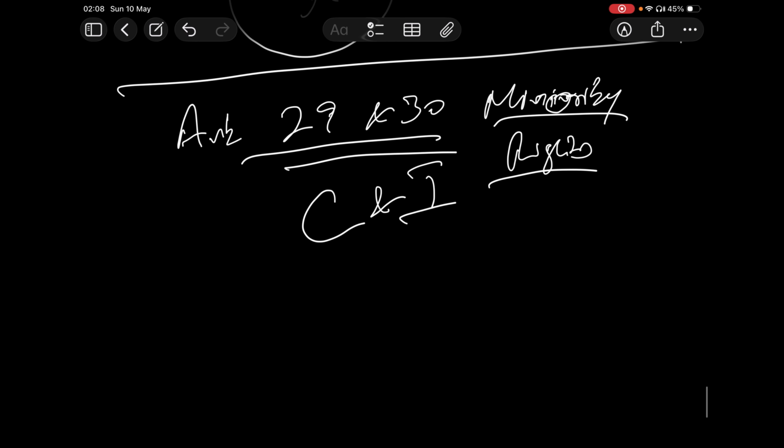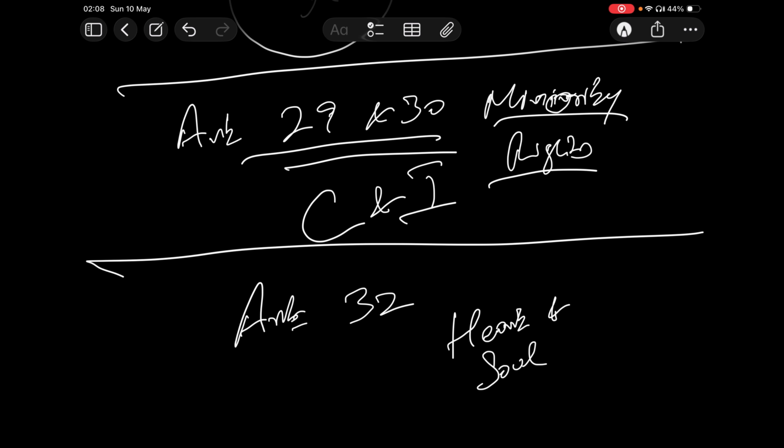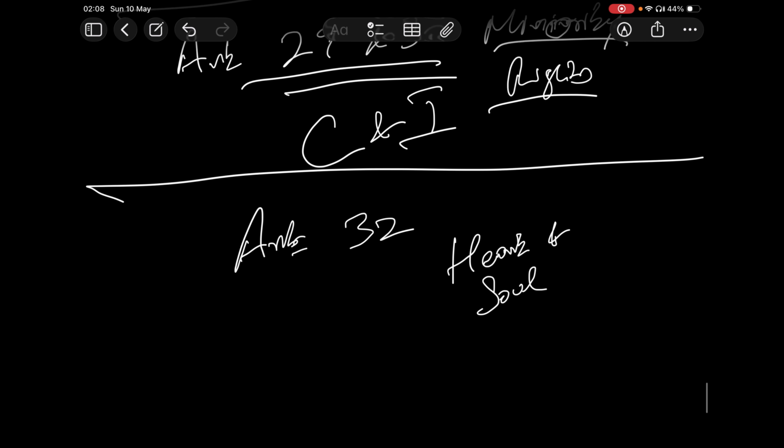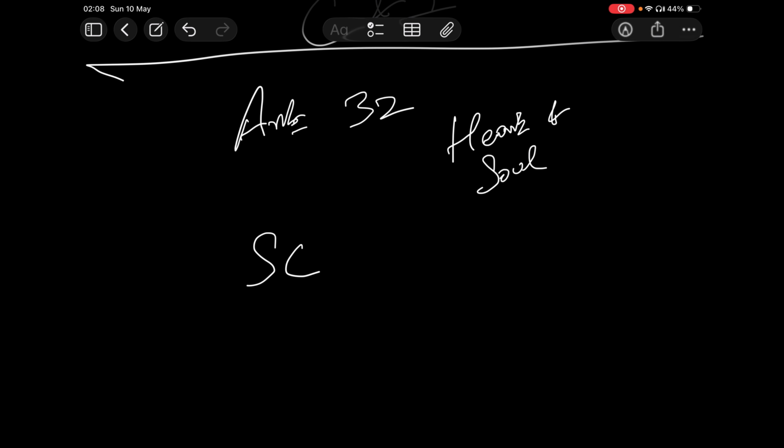And finally comes Article 32. Here, Dr. B.R. Ambedkar called this the heart and soul of the Constitution. This article is extremely important because it gives citizens the right to directly approach the Supreme Court when their fundamental rights are violated.